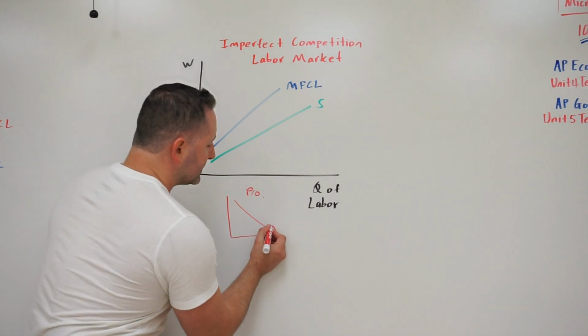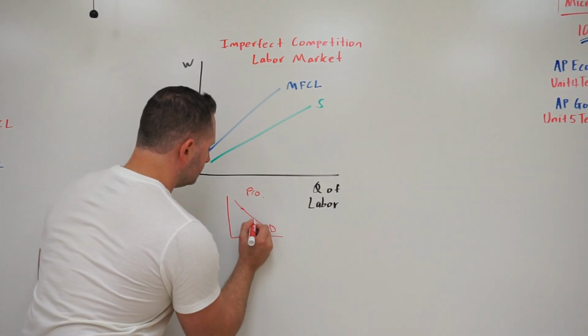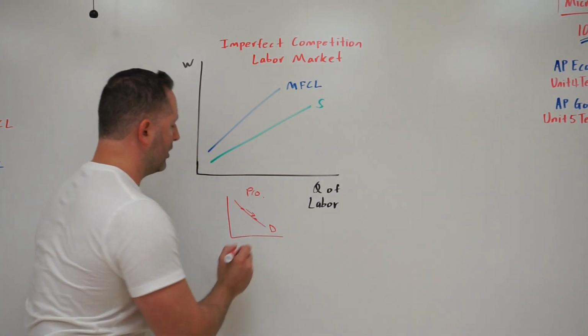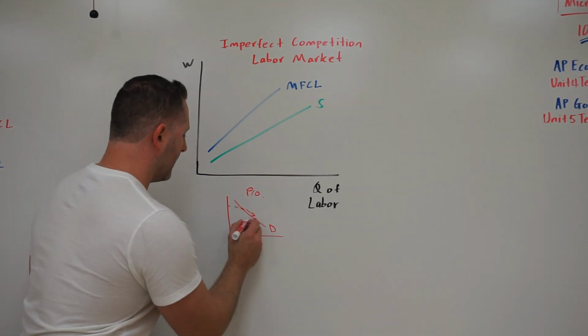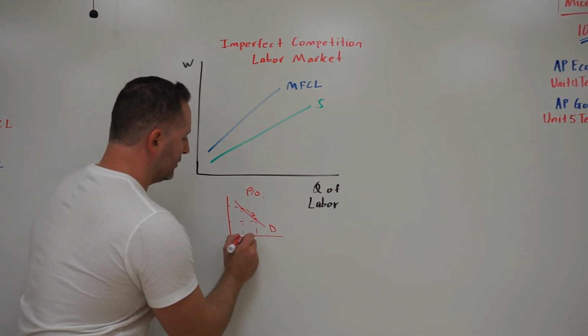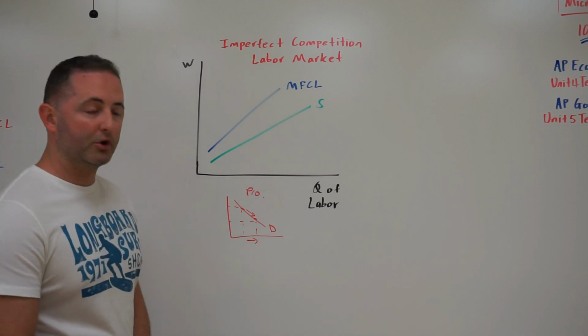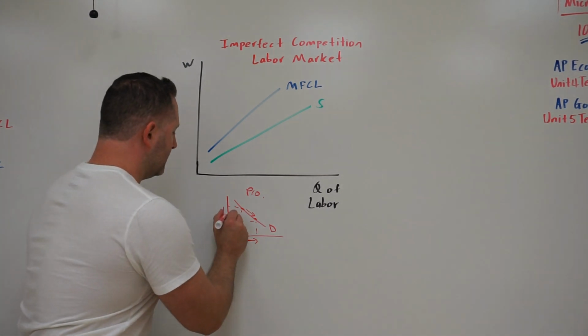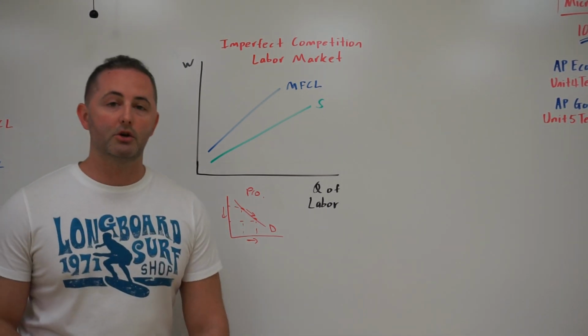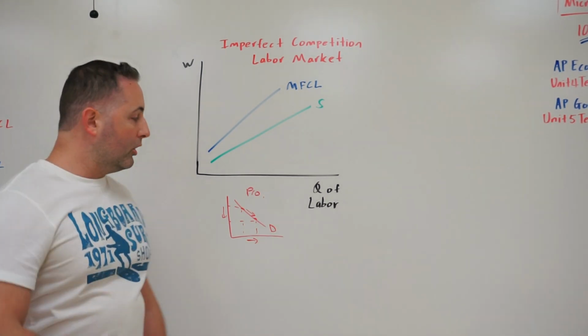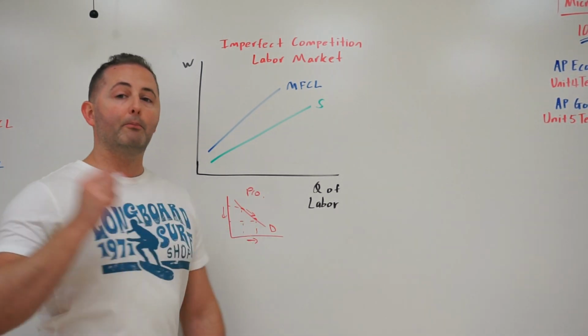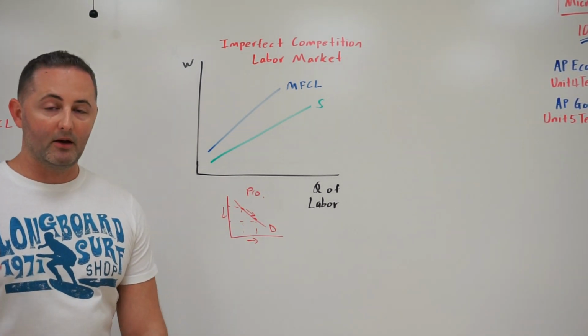When we have a downward sloping demand curve, and we go ahead and produce more of something, so we want to produce more output, so the quantity is going to increase, what we know has to happen is the price has to decrease. So, we have both a price effect and a quantity effect.